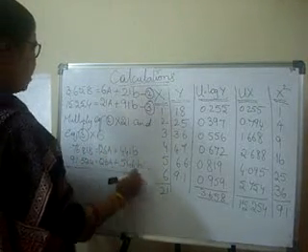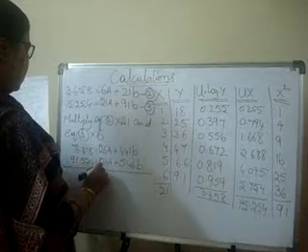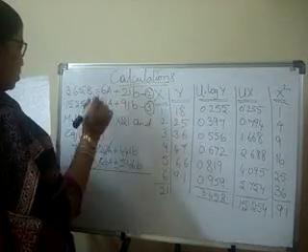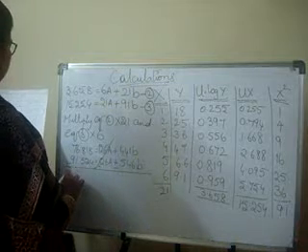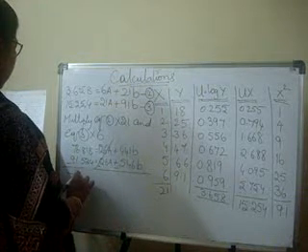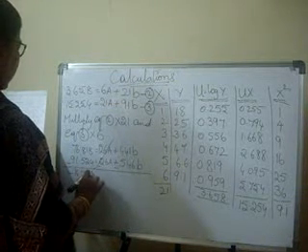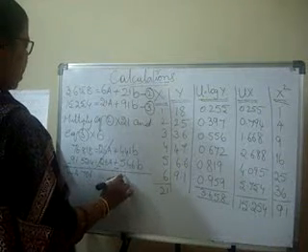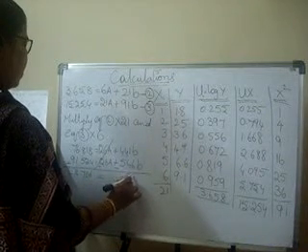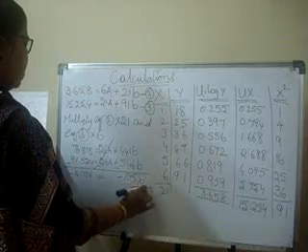If we subtract, we are left with minus 14.706 is equal to minus 105B.